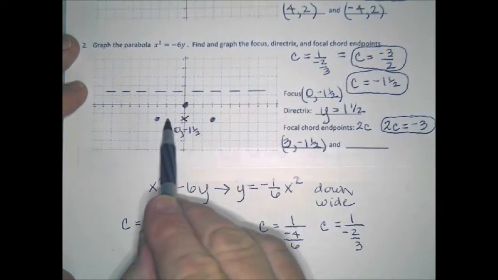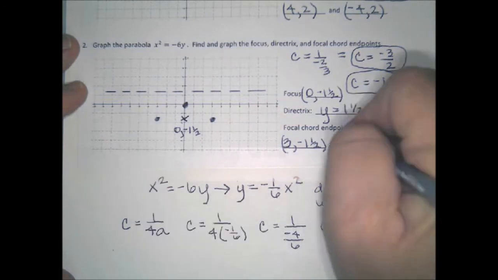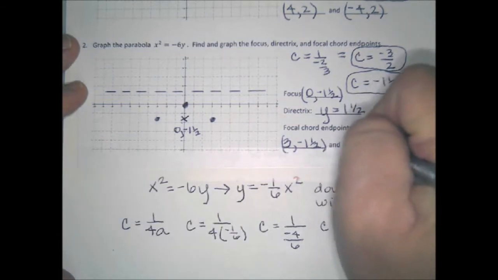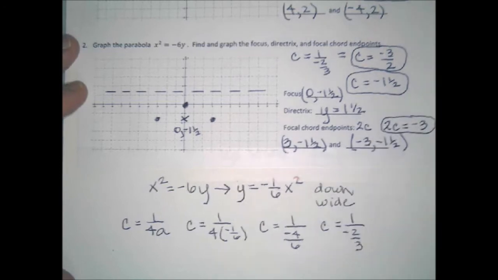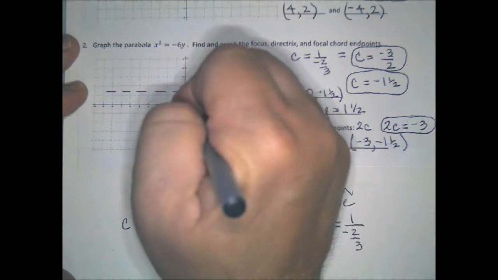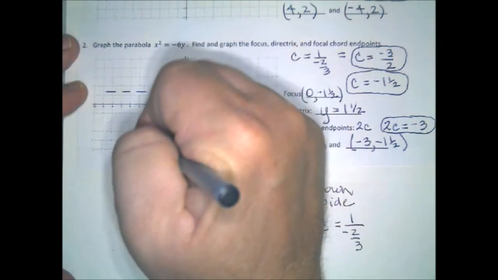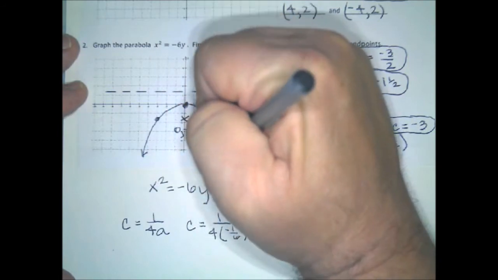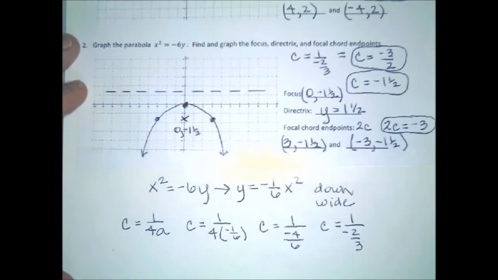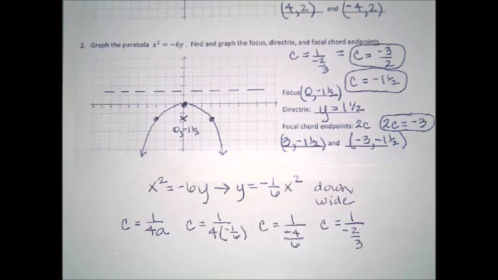And if I take 3 steps to the left, I'm now at negative 3, negative 1 and 1/2. And the last thing I need to do is draw the parabola, or sketch it. And there it is.